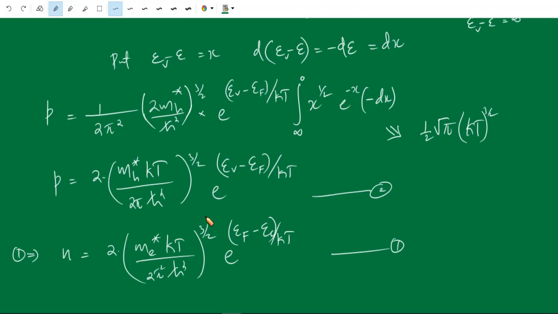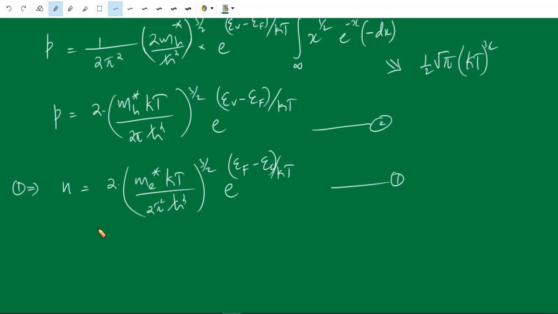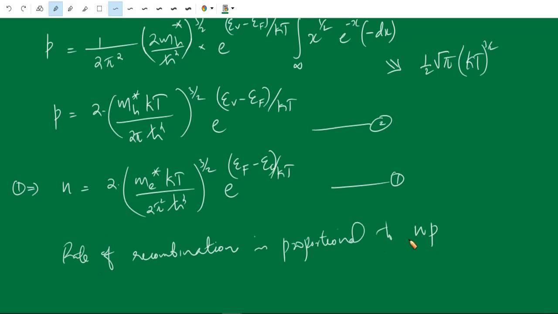At thermal equilibrium, the creation of electron hole pairs is balanced by the recombination of these electron hole pairs. Okay, so the rate of recombination is proportional to the product of the concentration of electrons and holes.